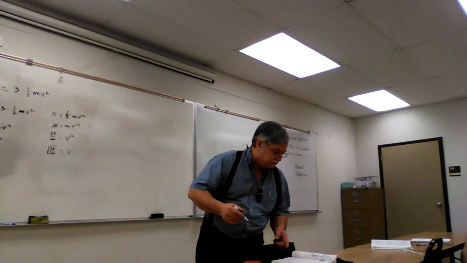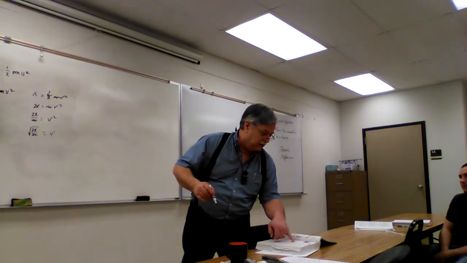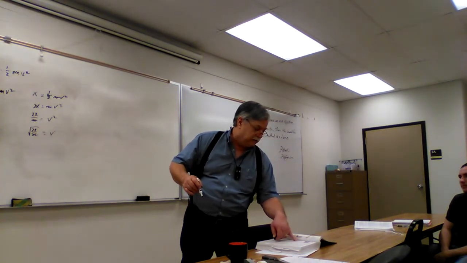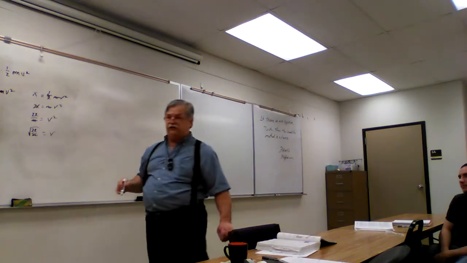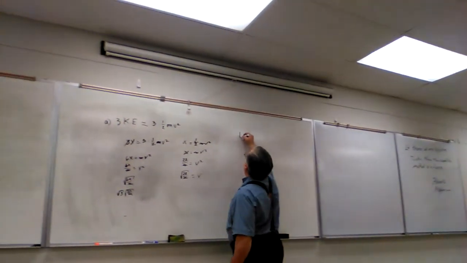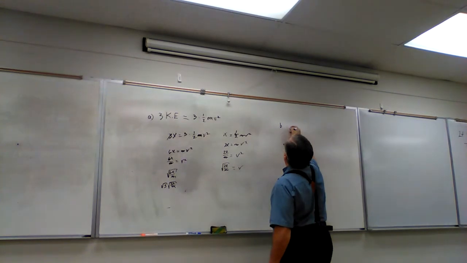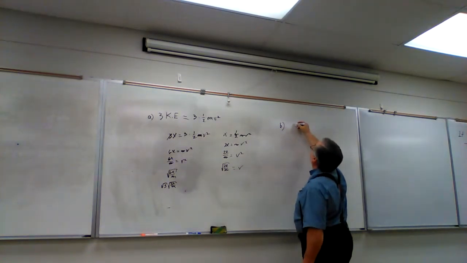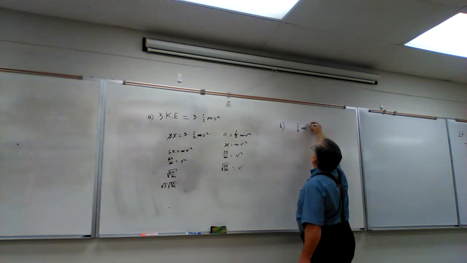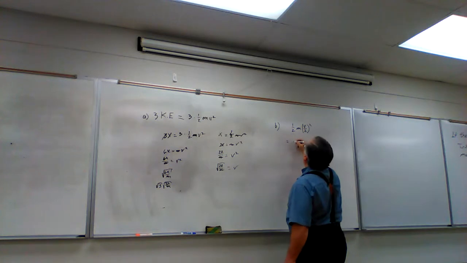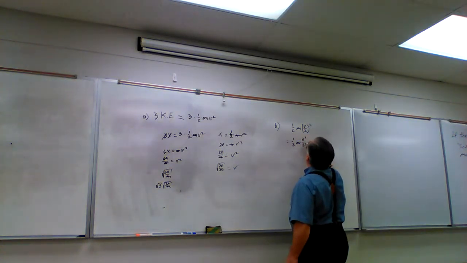Well, now on B, if the speed of a particle is halved, by what factor does its kinetic energy change? Well, 1/2 m times v over 2 squared gives us 1/2 m v squared over 2 squared.